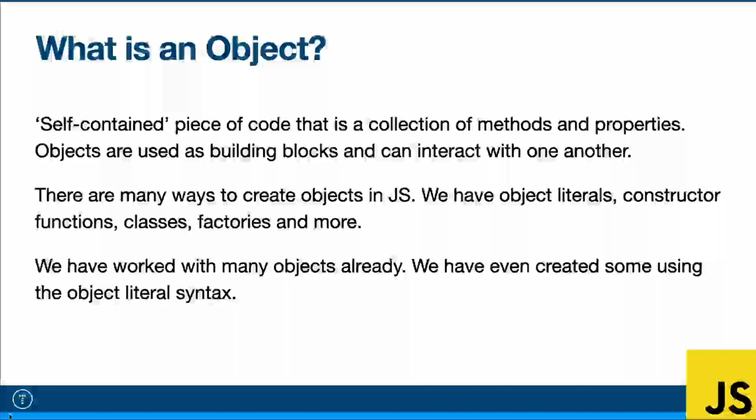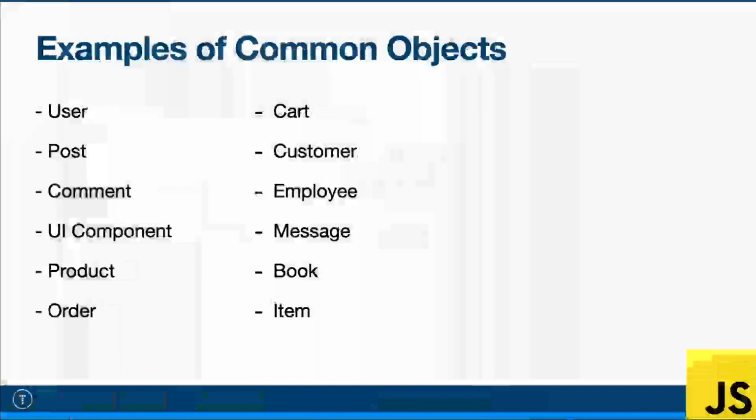Now, if you're still a little confused on what an object could be or what could be an object, I just have some random examples here. So basically, any entity in your application could be an object. For example, if you're building a blog, you're probably going to have a post object, a comments object, users, things like that. You may even have UI objects.